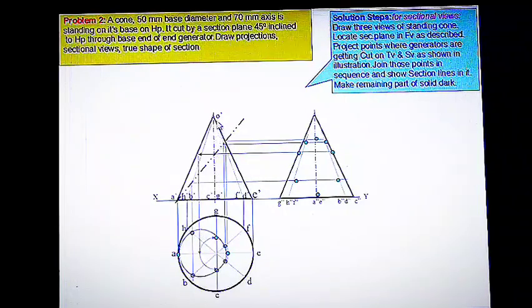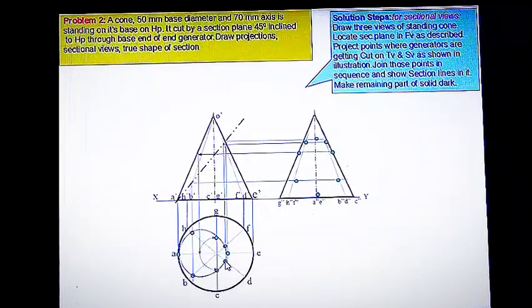Then the intersecting point at O dash C dash and O dash G dash, front and back generators, can be obtained by the previous procedure like this, and these points, the intersecting points on the radial lines OF and OD can be directly obtained by drawing the vertical projector like this.